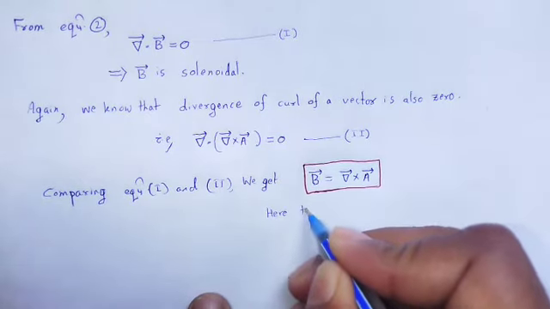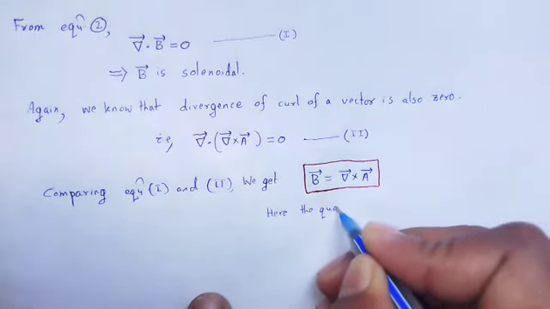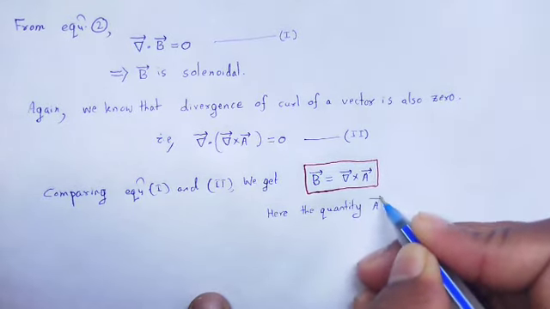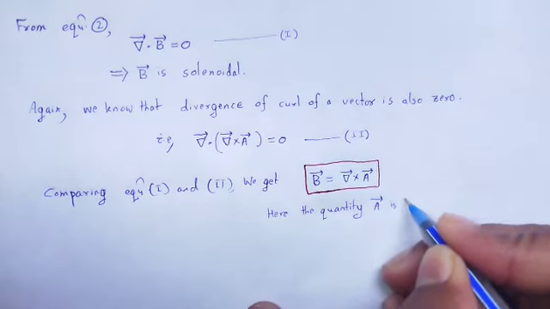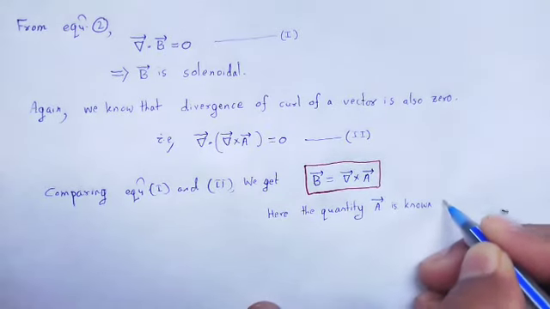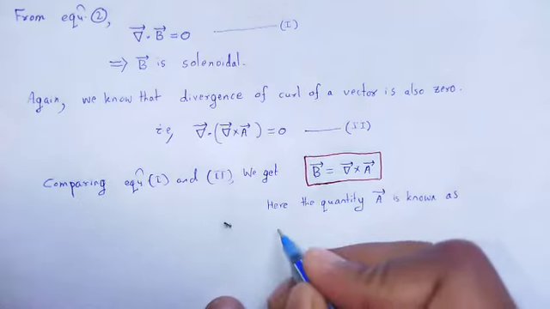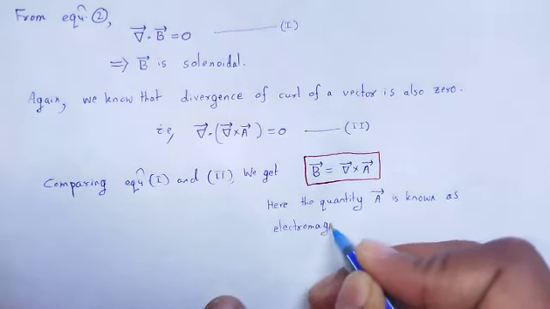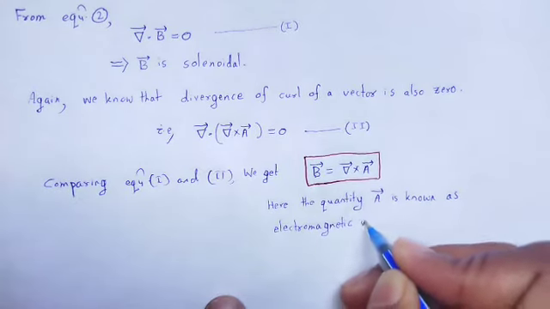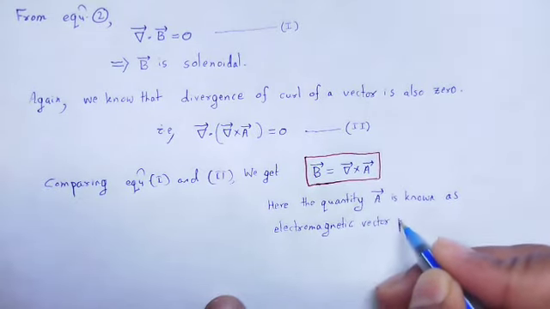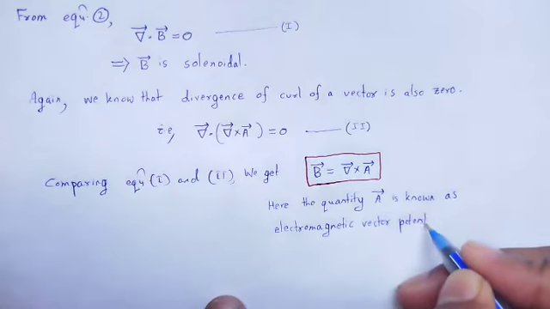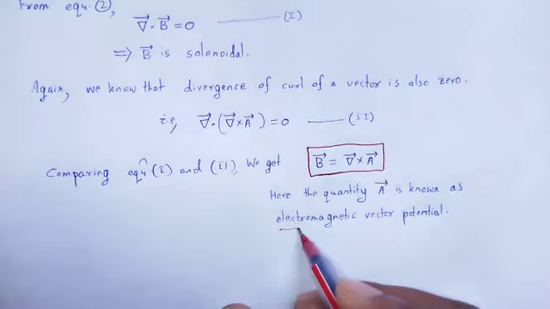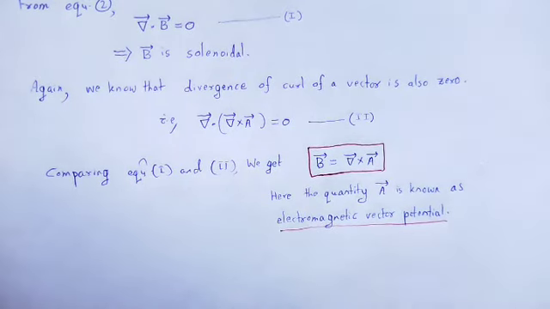Here the quantity A vector is known as electromagnetic vector potential. Okay.